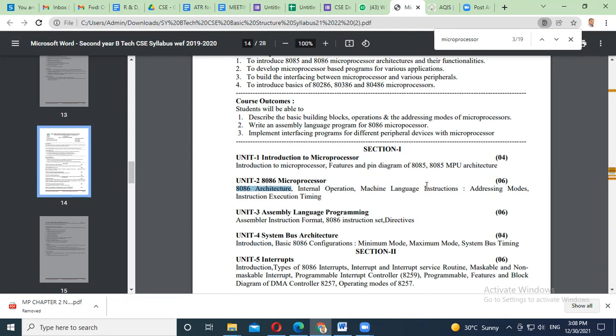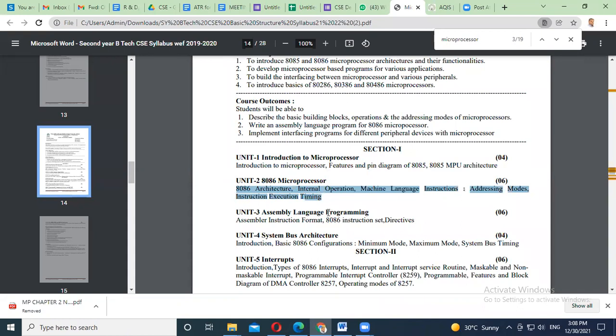These are nothing but addressing modes and instruction execution timing. So three topics in the 8086: architecture and internal operations, address modes, that is machine level language instructions, and instruction execution timing. Again, very simple.